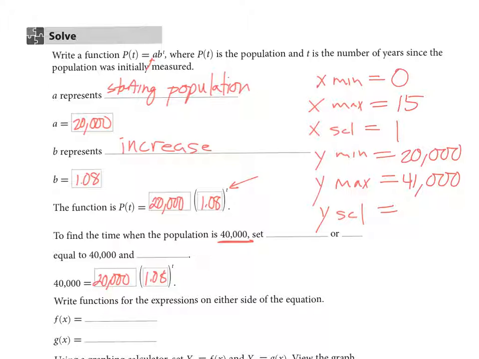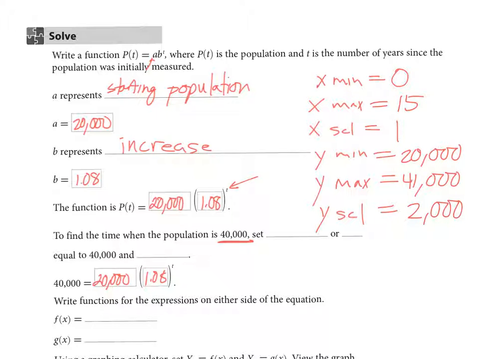What should my Y scale be here? 2,000. Okay? That's a difference of, right here, 21,000. Needs to be a big number. So you could go by 2,000s. You could go by 5,000s, whatever. Okay? Everybody good? Now if you graph it, you should see where they intersect, yes?